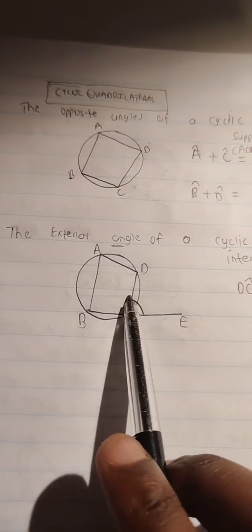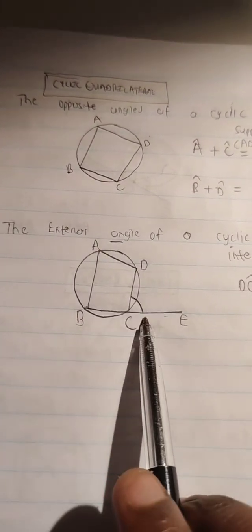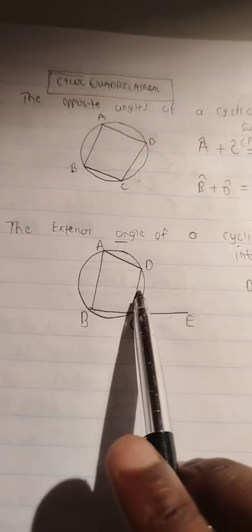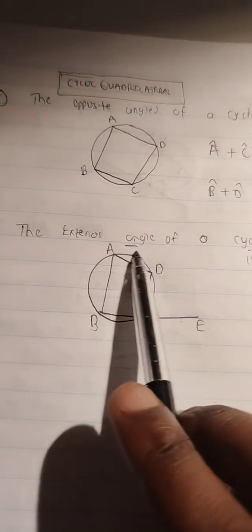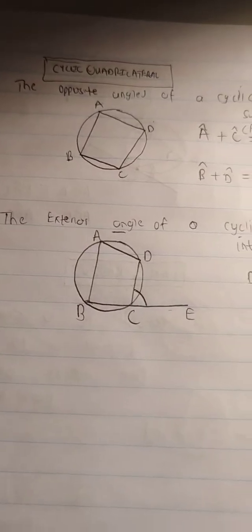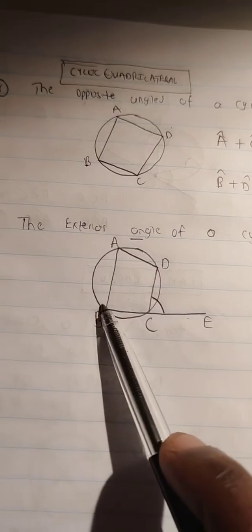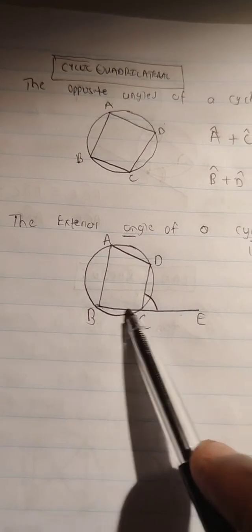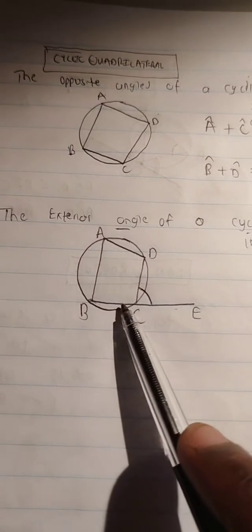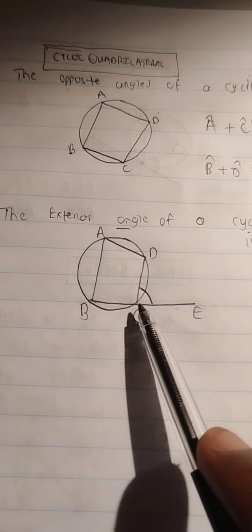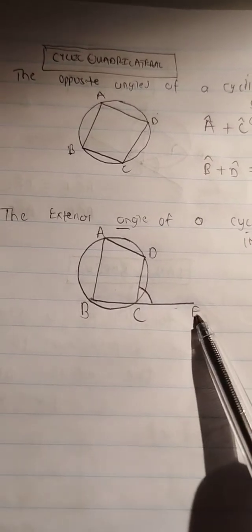The exterior is this one. It is the exterior angle. The word exterior means outside angle. But to further explain that outside angle, it must be an outside angle formed in line with the side of the quadrilateral. That's why I'm saying in line with BC, CE is an extension in the same line.